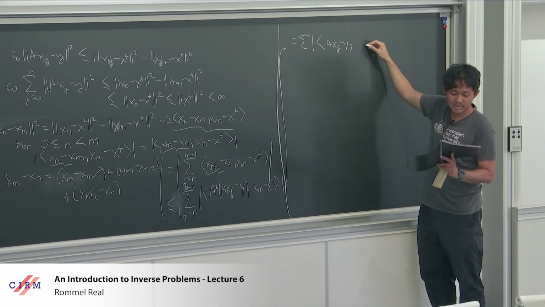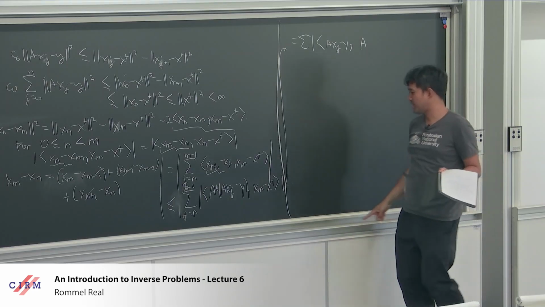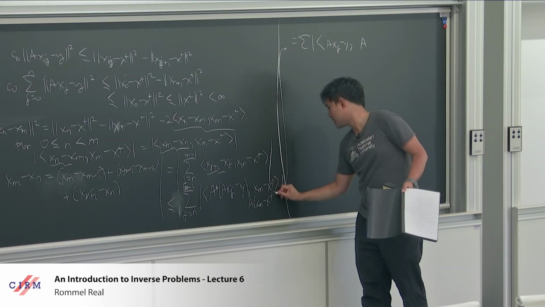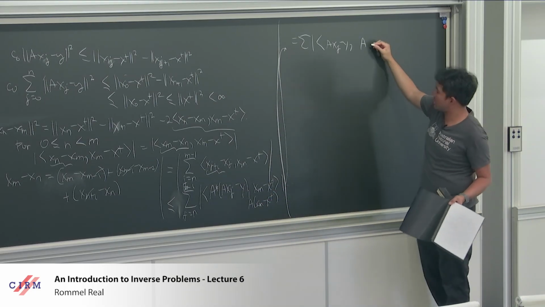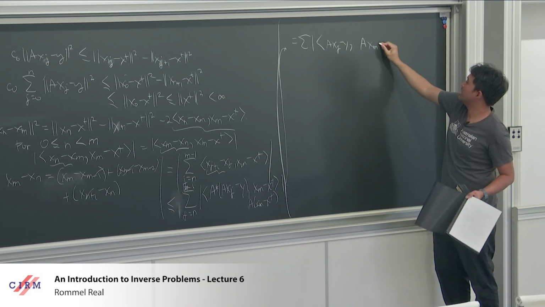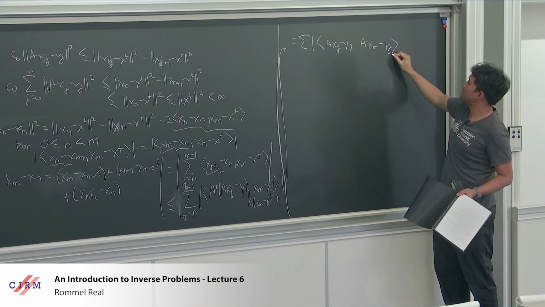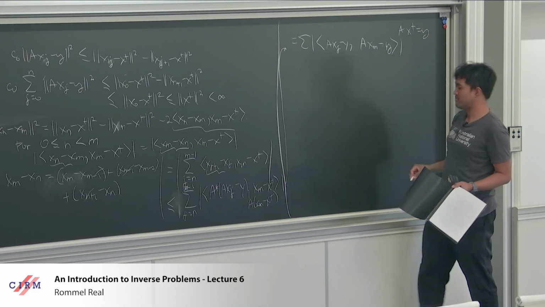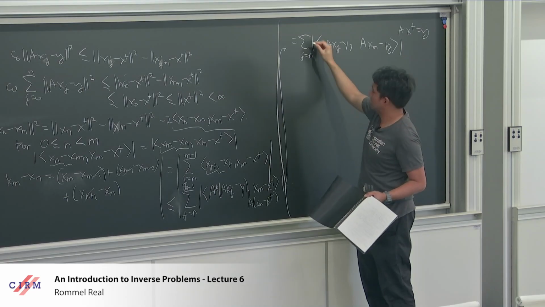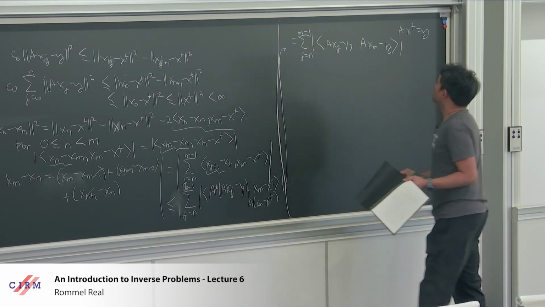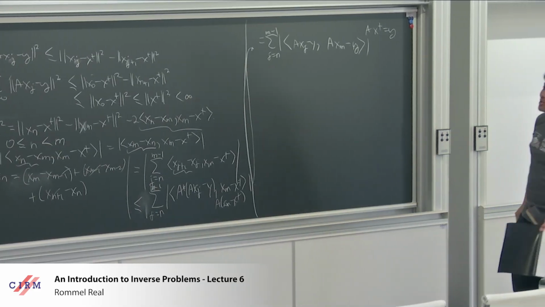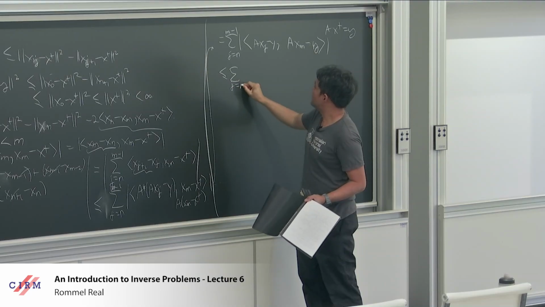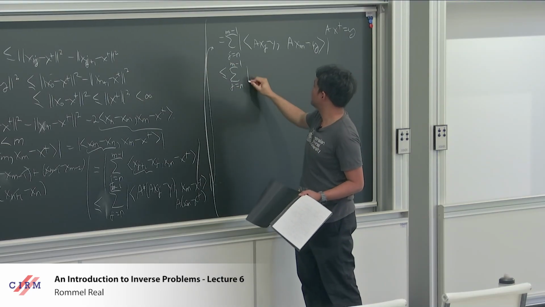Multiplying A directly here, that will be just equal to A times (x_m minus x dagger), and then multiplying A on both terms, that will be A x_m minus y, because A x dagger is y. Then by Cauchy-Schwarz, we can bound this further by this one.